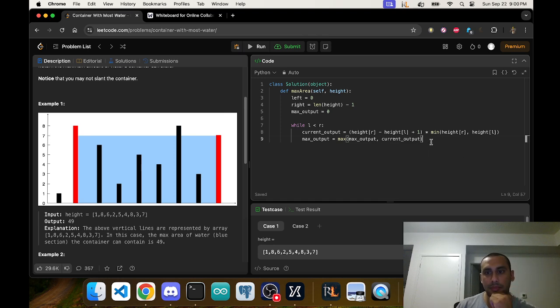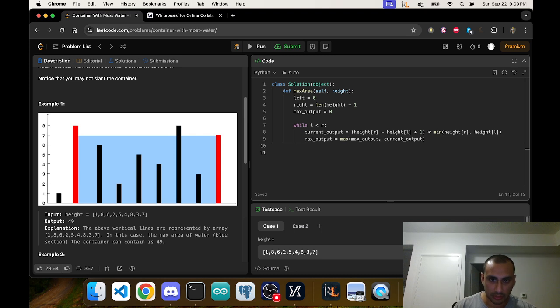So we have this. Then I want to check my criteria for moving to the left. I want the greatest possible height on both sides.